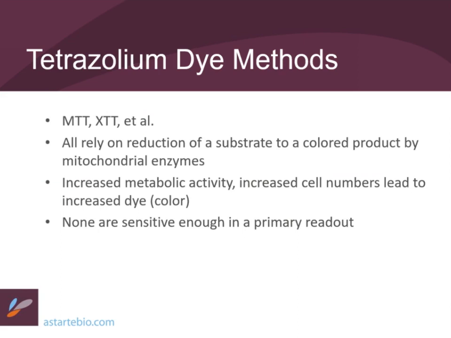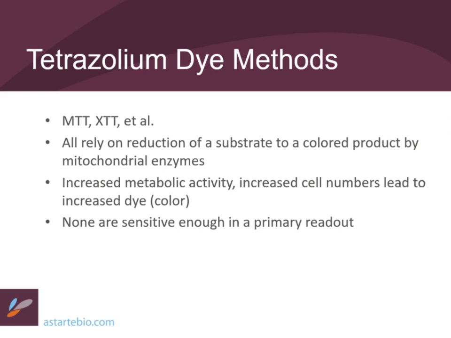But none of these are sensitive enough for what I would call a primary in vitro immune stimulation. You have to remember that there are only a few cells in a primary sample, whether from human or from mouse. Only a small fraction of cells are actually responding to any given antigen. So you're looking for a signal in a whole lot of noise.